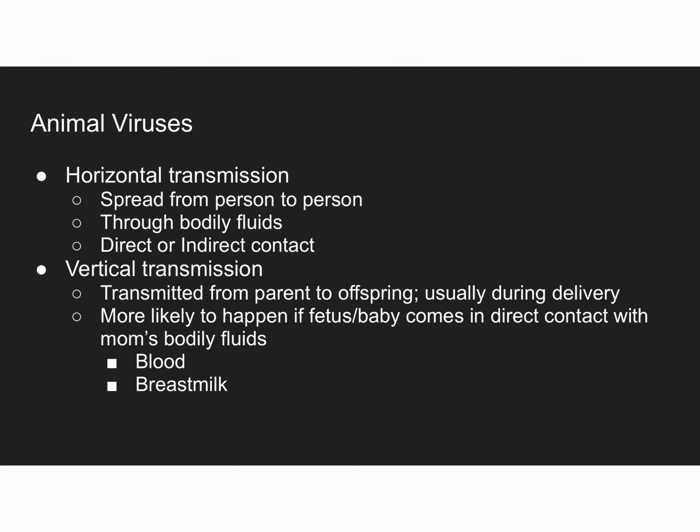Like plant viruses, animal viruses can also be transmitted horizontally and or vertically. So horizontal transmission occurs between one person and another person. Horizontal transmission includes the virus being spread through bodily fluids, and the type of bodily fluid depends on the virus.